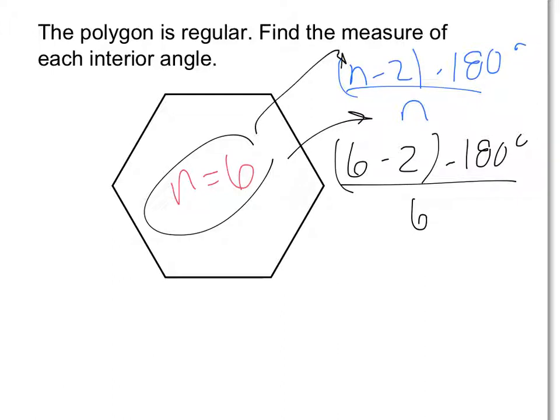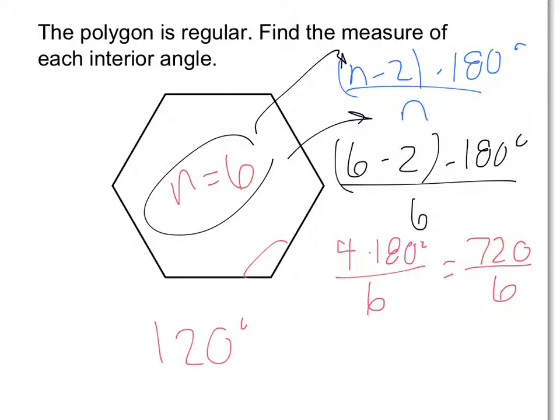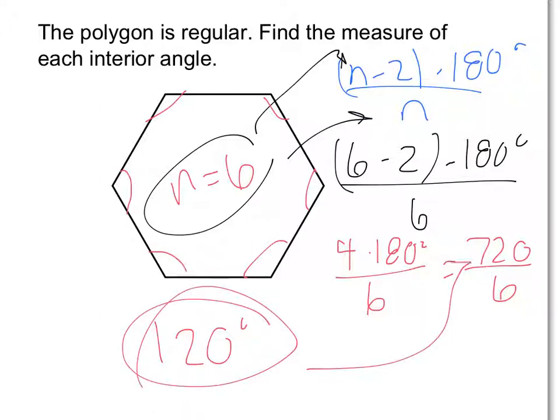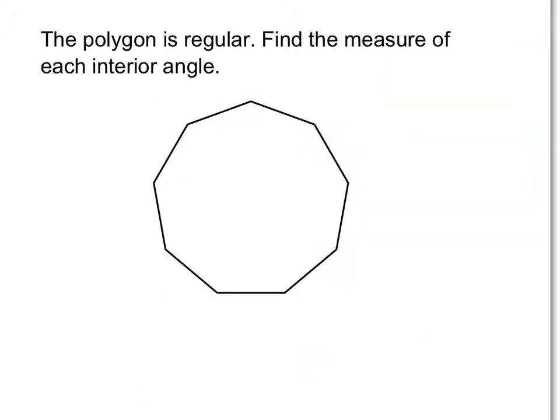Okay, 6 minus 2 is 4. 4 times 180 is 720. And then you take 720 and divide it by 6. So that's saying that each one of these individual angles, it's regular, so they're all equal, are going to be 120 degrees, which makes sense because all 6 angles together have to equal 720, so we just divided that by 6.